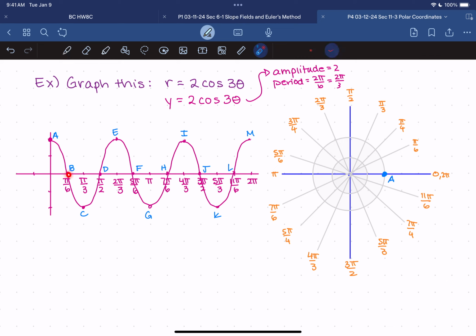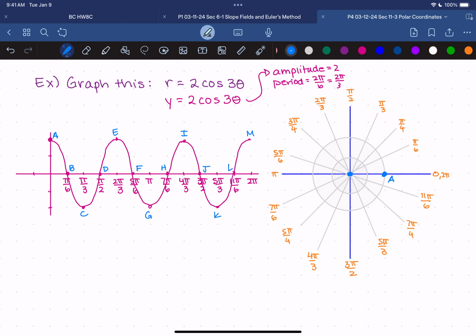Now point B has a y coordinate of 0, which means it has a radius of 0. All these points along the x-axis is where I'm at the origin. So there's a lot of points at the origin. I'm not going to label all the letters, but I just know after A, I'm going to go back to the origin.